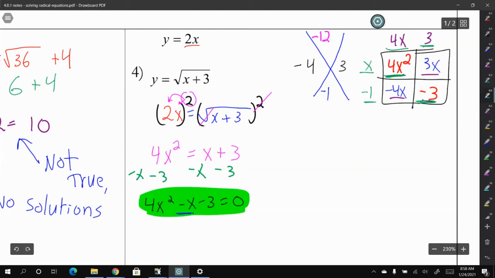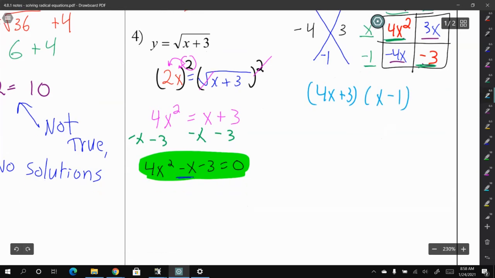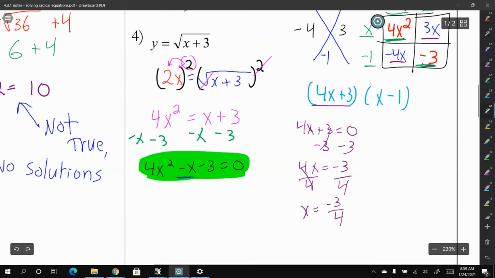So my factored form will be 4x plus 3 times x minus 1. So then to calculate my zeros, 4x plus 3 equals 0, subtract 3. 4x equals negative 3. We get x equals negative 3 over 4.